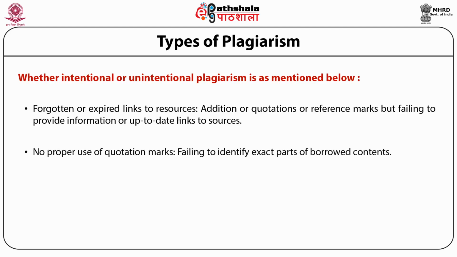No proper use of quotation marks, that is, failing to identify exact parts of borrowed contents. This happens when an author copies from some other sources without knowing the original source. That is why it is considered as a plagiarism.